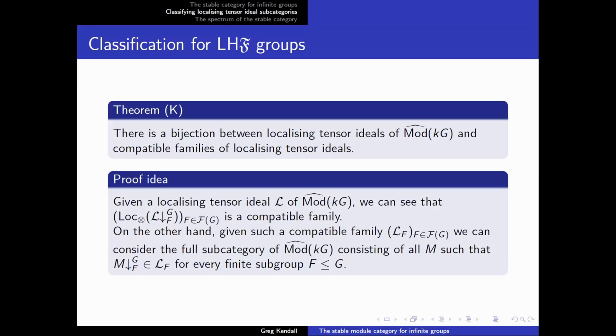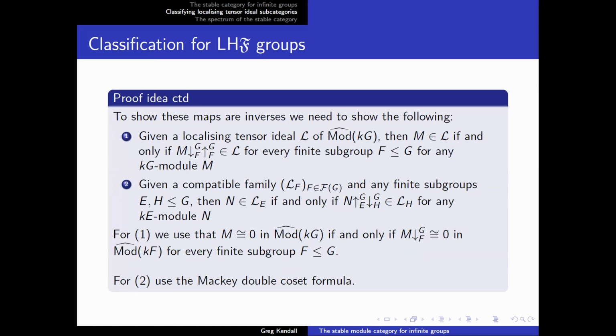So I just want to say the idea of the proof very quickly. You can write down an explicit inverse, and to show it's an inverse, you need to show it on both sides, obviously. The first bullet point here is saying, morally, that given a module M, we can reconstruct it, or at least the localizing ideal it generates, just by knowing how it works when we restrict it to every finite subgroup.